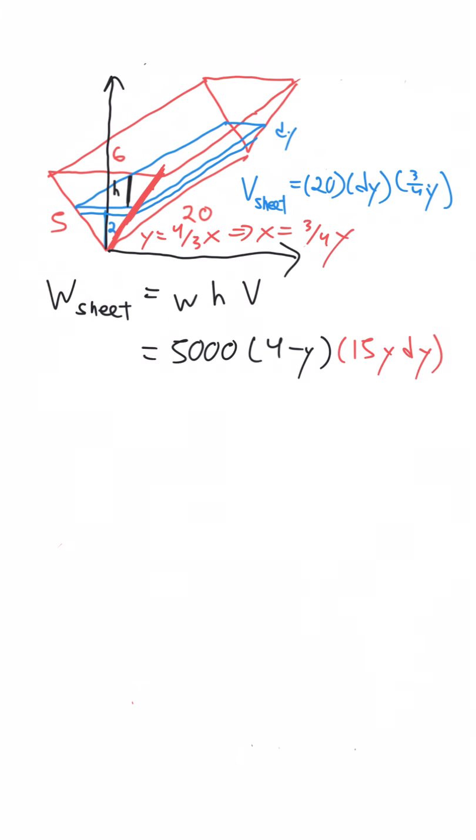So what do we have? We have the work required to move one sheet of water vertically out of the tank. Now we have to deal with this issue of getting all the water out of the tank. So what's the work going to be? The work to remove all the water is going to be the definite integral from y equals something to y equals something.